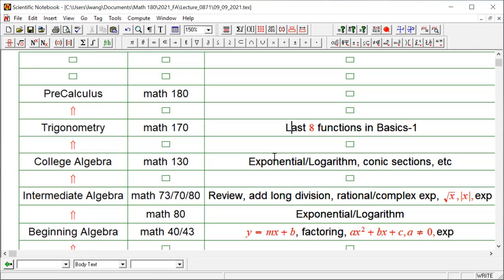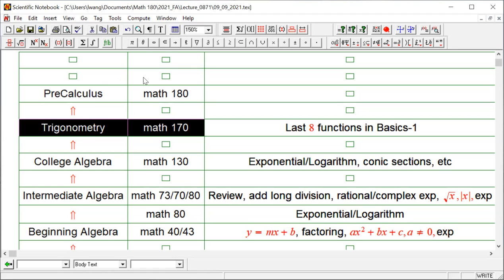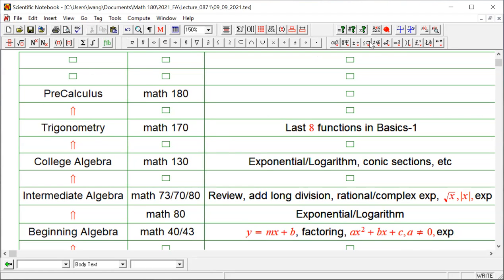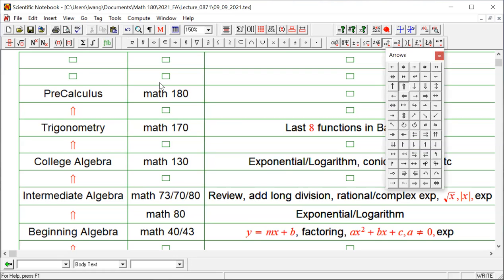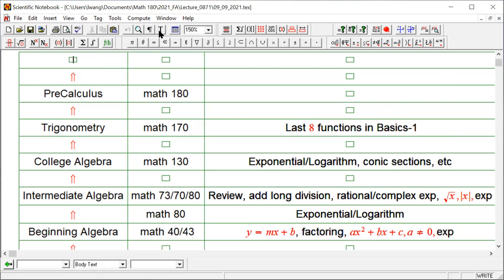Now, all of these people can register for pre-calculus. Now you're with me. I don't know if you need help with trigonometry, because you are going to use trigonometry a lot, because your target course, I assume, is Math 190.